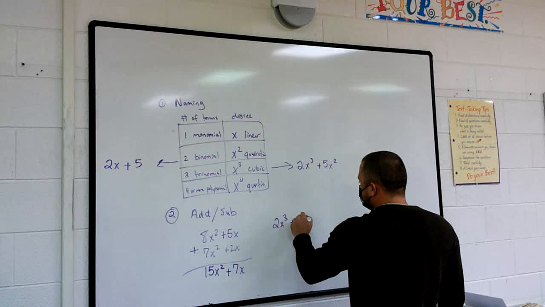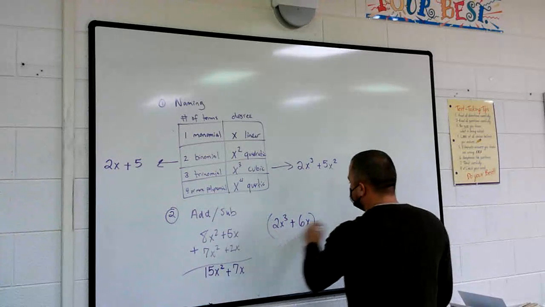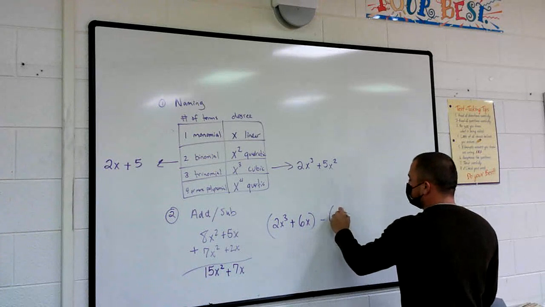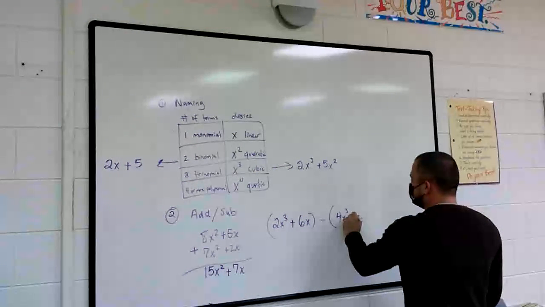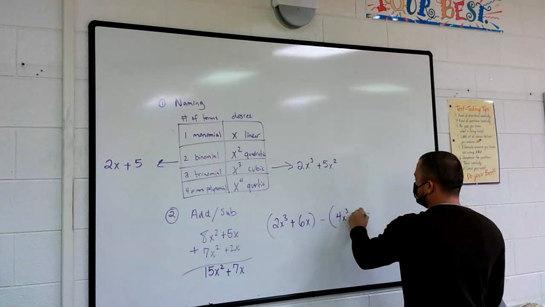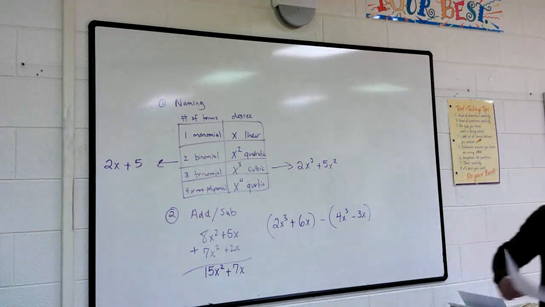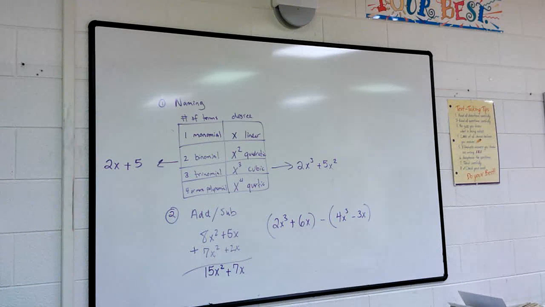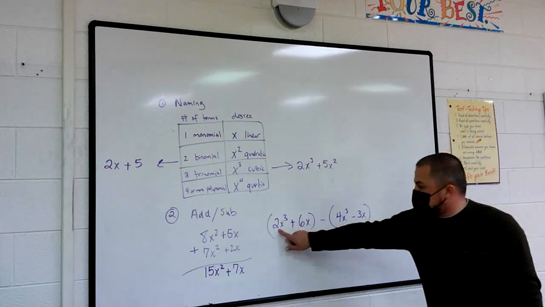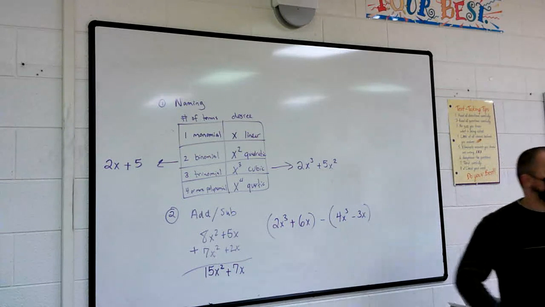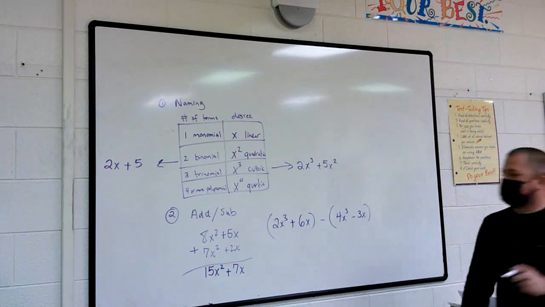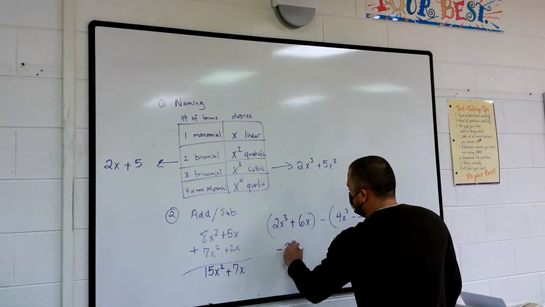If you're subtracting, I'll give you an example. In this one, you have to be careful on the subtracting. You look at 2x to the third minus 4x to the third. That's 2 minus 4. That is a negative 2x to the third.